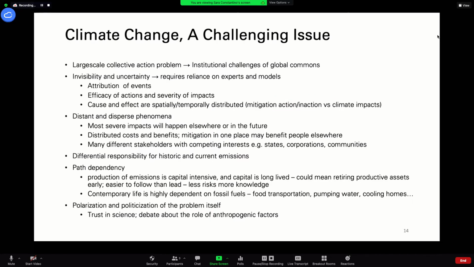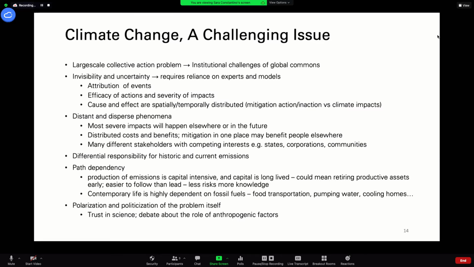The impacts of climate change are also delayed in time and dispersed in space. And so they're largely borne by others. And these people are also most often not those in a position of power to make decisions about policies. These are often more vulnerable communities that will be more impacted, and also future generations, where there are few institutions to represent their interests.